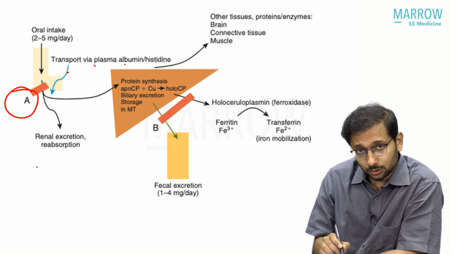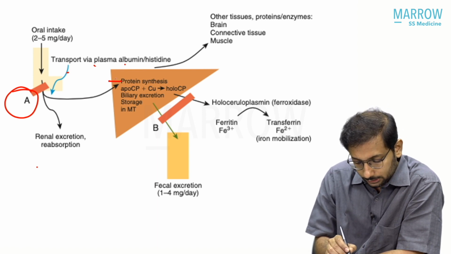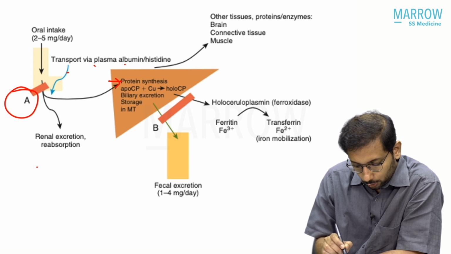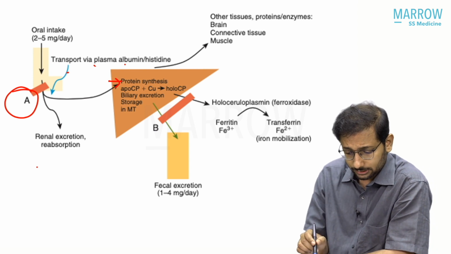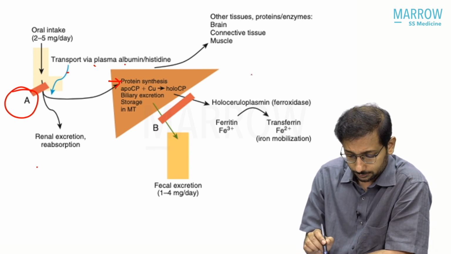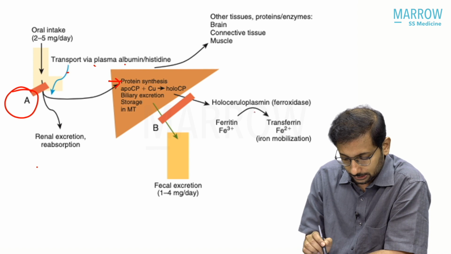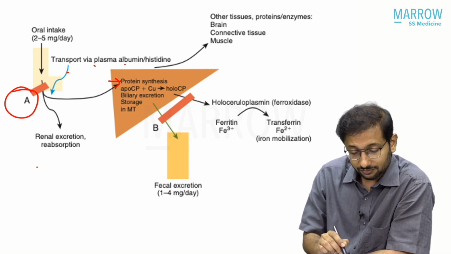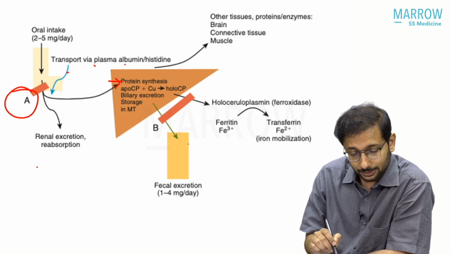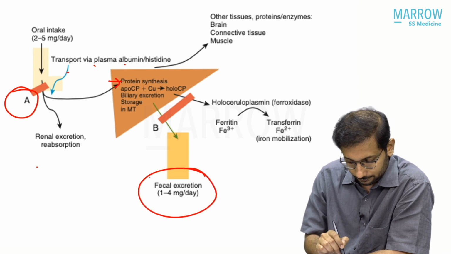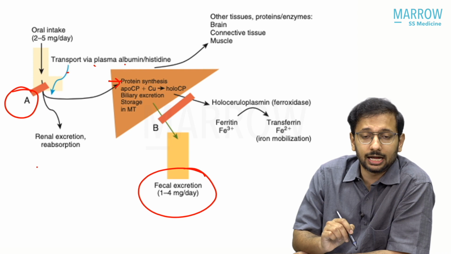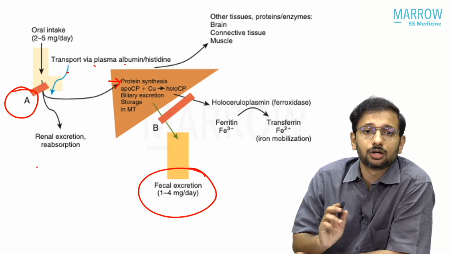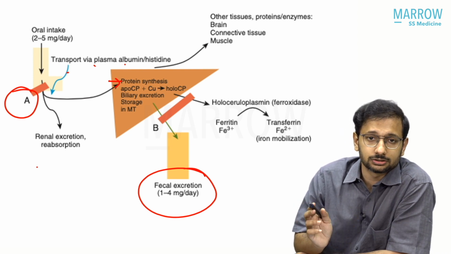Once it gets absorbed, it goes into the liver where it is used in protein synthesis, formation of ceruloplasmin, storage in metallothionein and biliary excretion. When the problem is with the formation of holoceruloplasmin, which acts as a ferroxidase, you get Wilson's disease. And when it does not get excreted in the bile, you also get Wilson's disease. Once the ceruloplasmin is formed, it binds the copper and gives it to all other tissues for its functions.